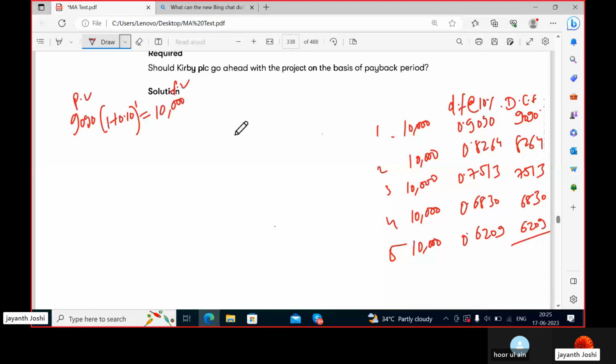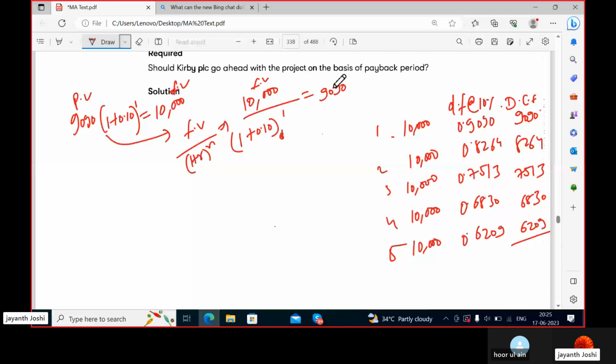If I want the present value, then future value by 1 plus r whole power n. That means 10,000 divided by 1 plus 0.10 whole power 1. If I do this, I'll get 9090. This is the present value. Okay. So future value by 1 plus r whole power n is present value. Here we did compounding. Here we did discounting. I'm just brushing up the concept for you.